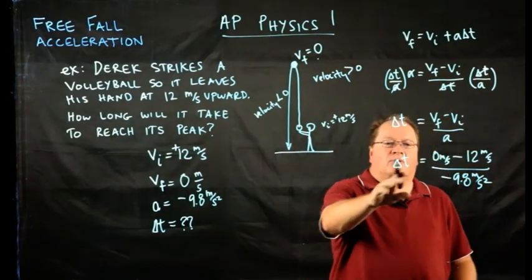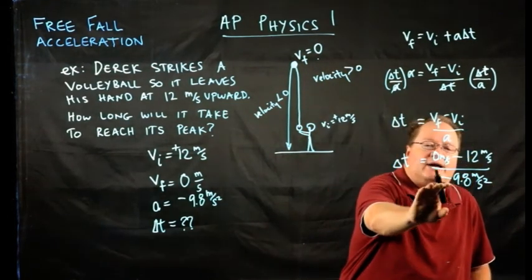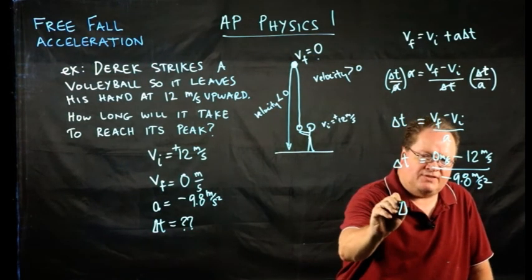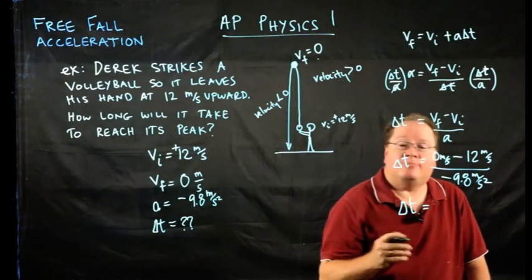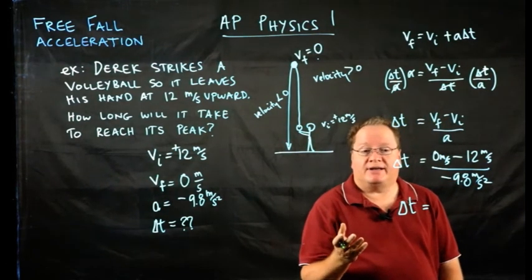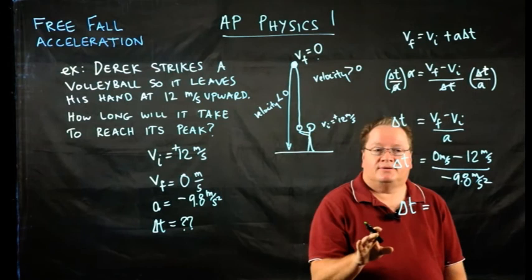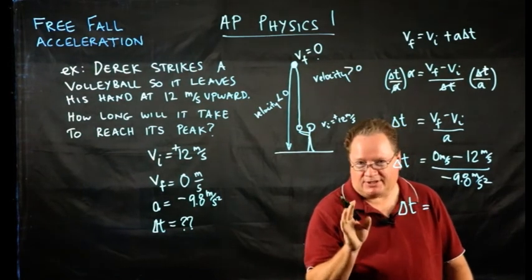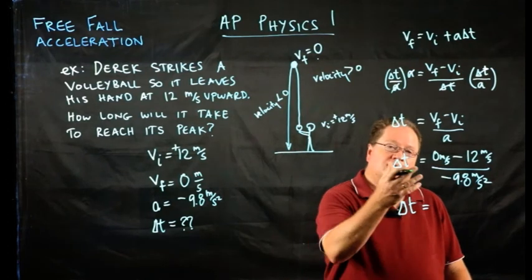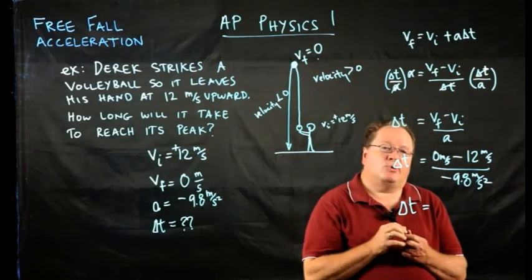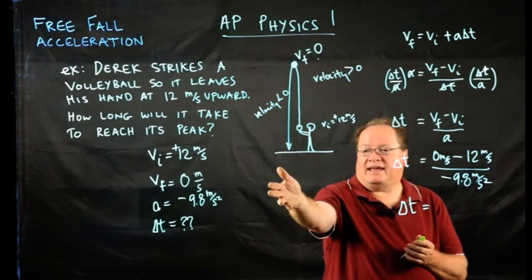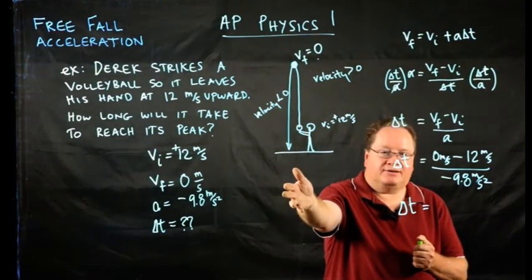So we're going to divide negative 12 by negative 9.8. That gives me a positive answer. It better give me a positive answer because time can't be negative. If you ever get a negative time, you probably did something wrong with the sign or with algebra. So this is going to be 12 divided by 9.8. What do you get? Go ahead and calculate that for me, Dan.